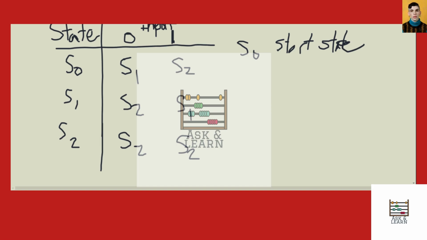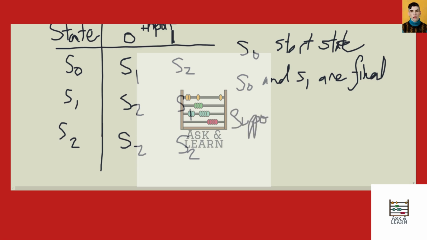Now we see that S0 and S1 are both circled twice, which means they are final states. So a string is going to be recognized by the automaton if and only if it ends at S0 or S1.